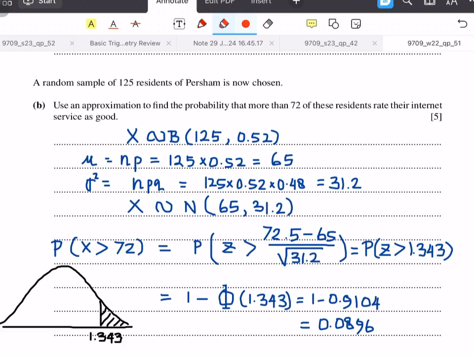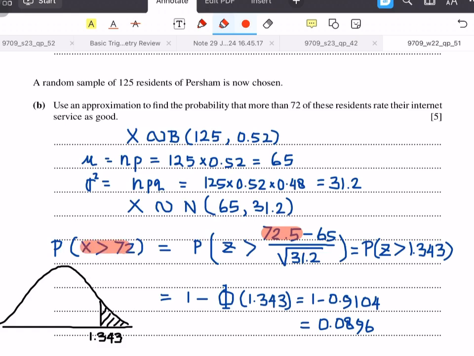approximate using the normal distribution. So X is normally distributed with mean 65 and variance 31.2. And then P(X greater than 72) is equal to P(Z...). Don't forget to make the continuity correction.